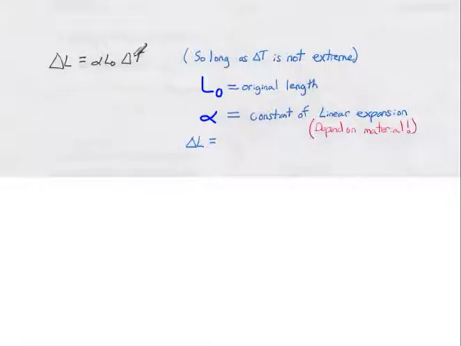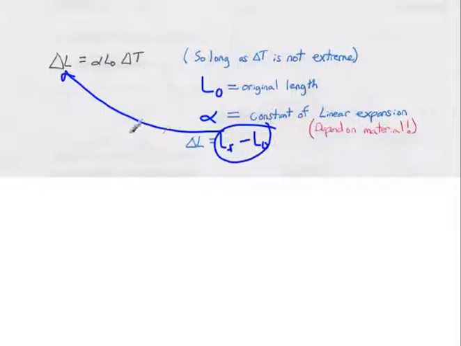Okay, change in L. Remember, this little triangle guy is always change, so that just means L final minus L initial. So notice, if we put this in for change in L, we'd have another initial temperature as well, so we could do some factoring. I think in the book they substitute that in and, instead of saying L final, they say L minus L initial equals that stuff, and then they solve it for L and combine some L0 terms so they get this.